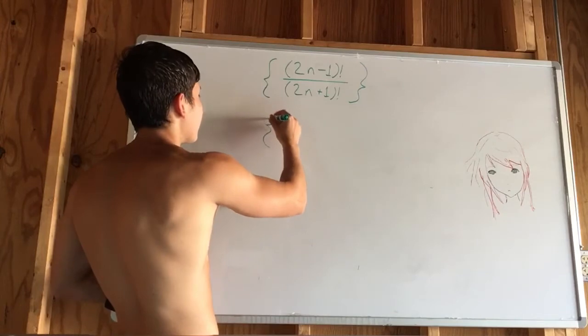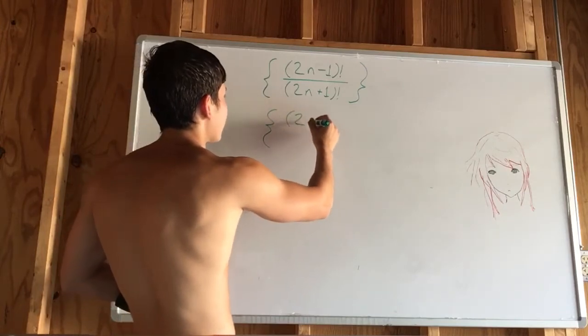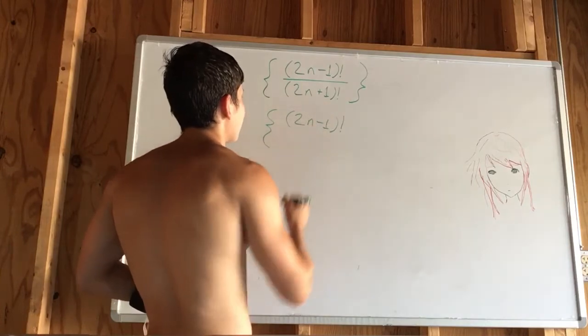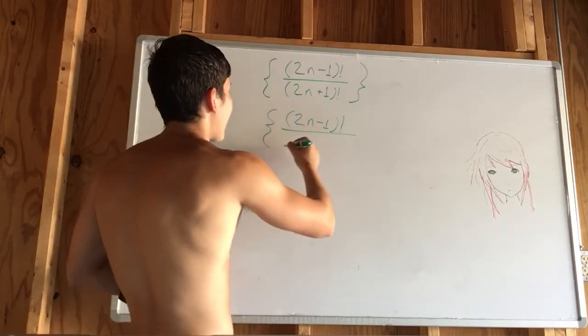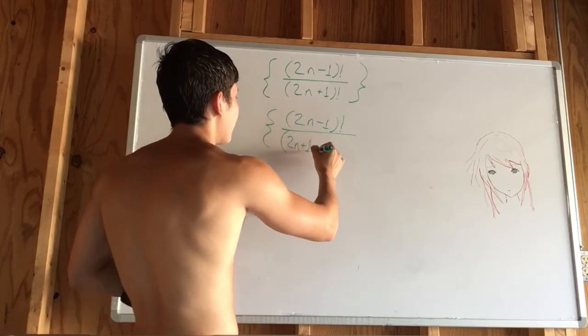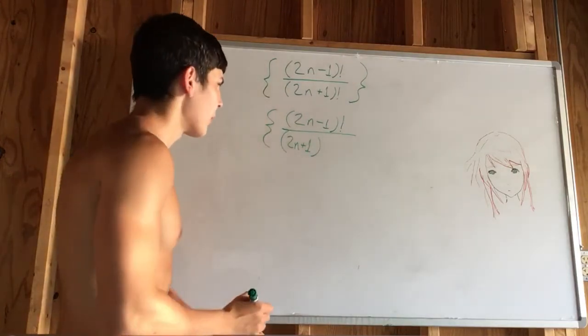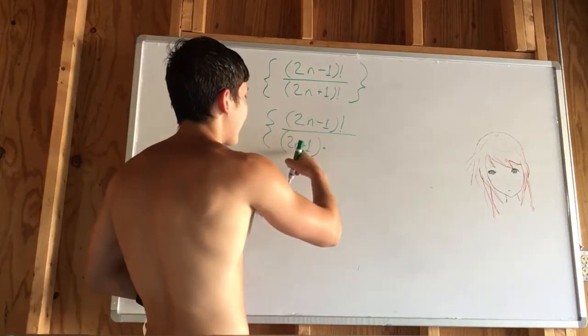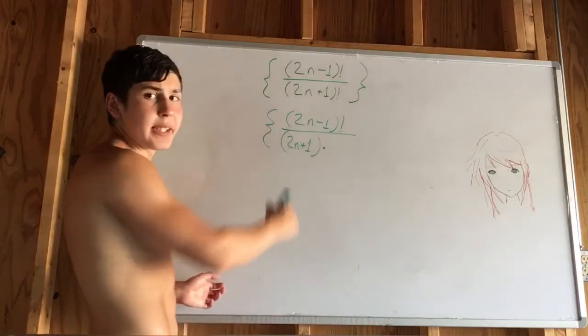Let's rewrite our sequence knowing what factorial actually means. So we have 2n plus 1 is the term that's going to be multiplied. What's it going to be multiplied by? It's going to be multiplied by 1 less than this.